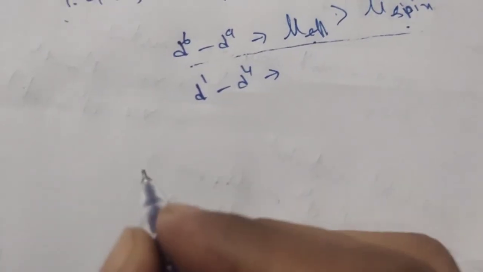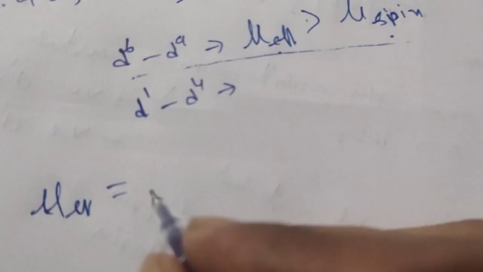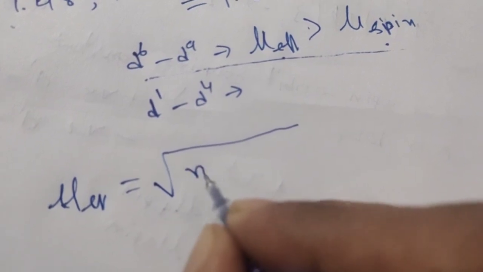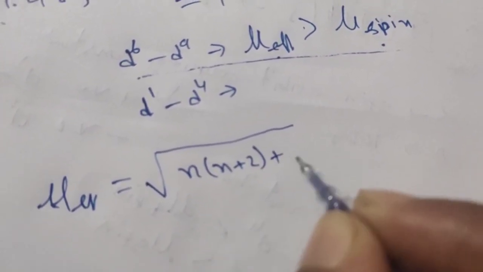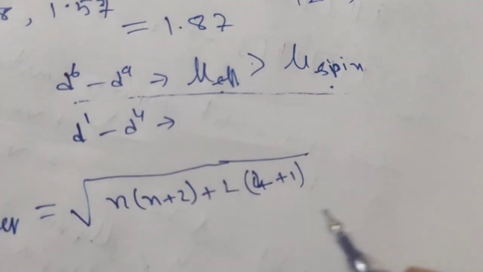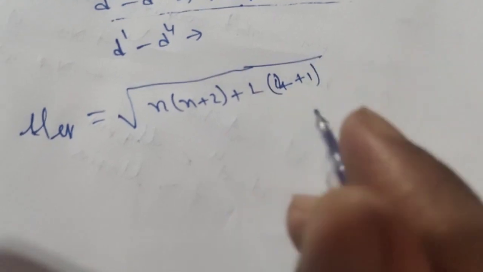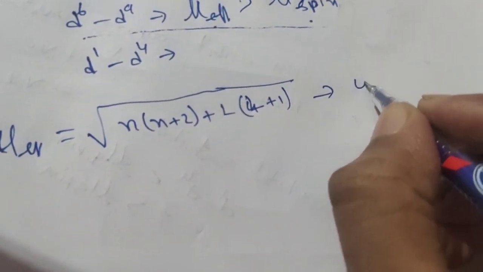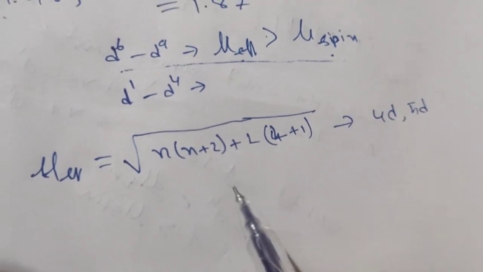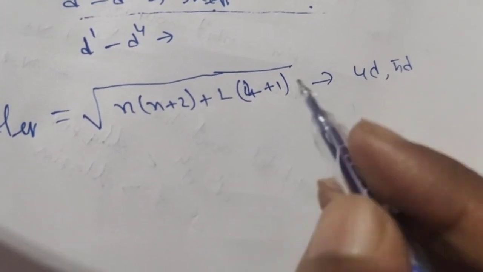There is one more formula you need to remember. Mu effective is equal to the root of n into n plus 2 plus L into L plus 1. L again you need to calculate as we have done previously. This formula applies for 4d, 5d, etc. For 3d transition metals, this formula doesn't apply.